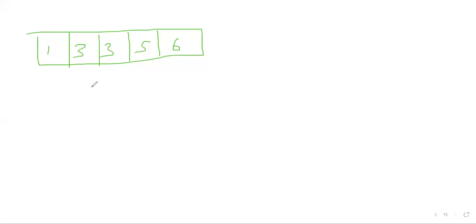Okay, can somebody tell me which one is our mode here? 3. Which one is our median? 3. For what? N plus 1. Our N is what? 1, 2, 3, 4, 5.